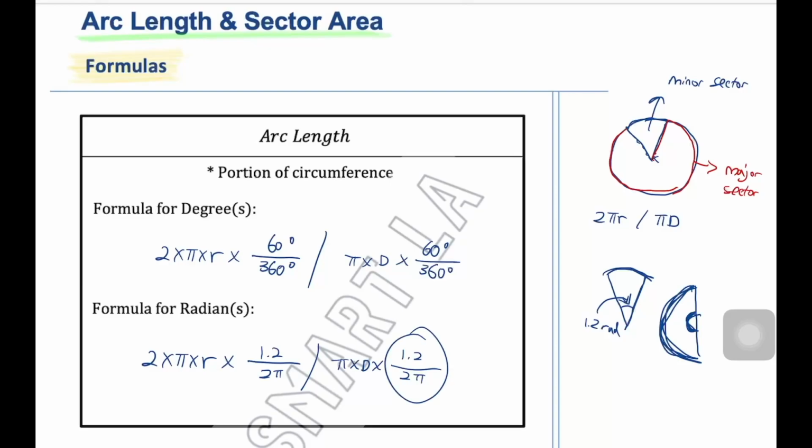And if it's in radians, we are doing the same thing. 1.2 over 2 pi gives you the portion of the circumference, multiplied by the same formula. So with this, you will be able to calculate the arc length of any portion, as long as you have the angle, regardless of whether it's in degrees or radians.